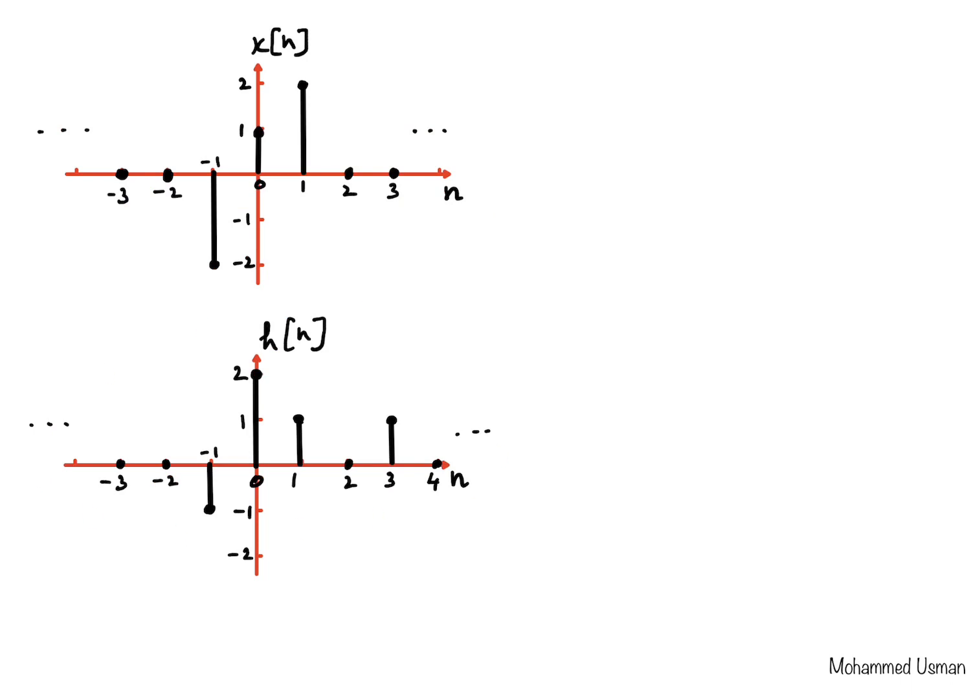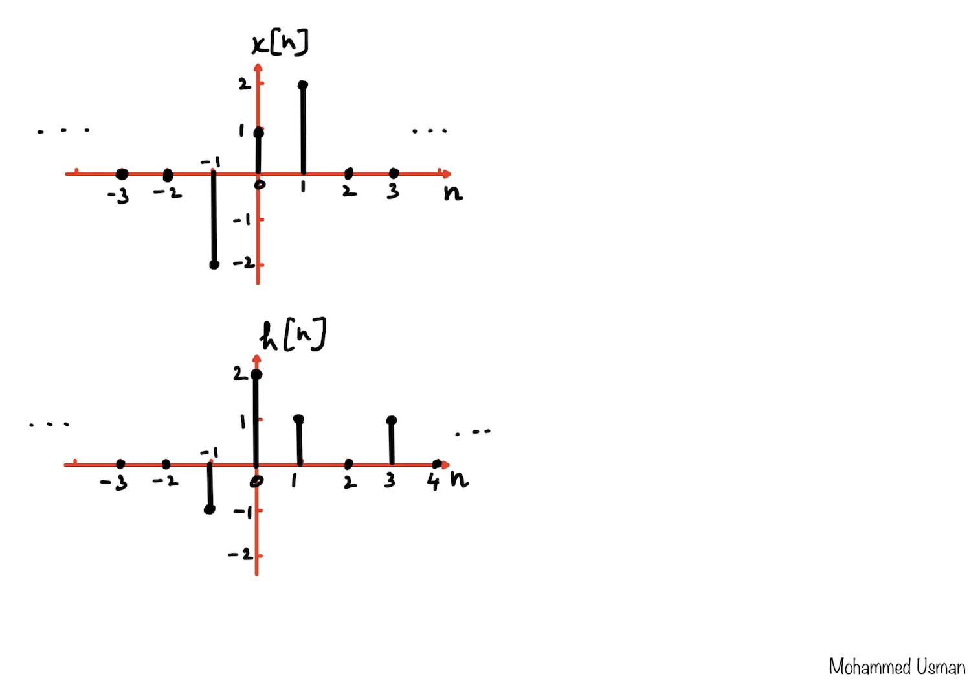Now we want to find the output of the system. We know that the impulse response of the system is this h of n, and we now want to apply this x of n as input and find what the output of the system will be to this input signal x of n.